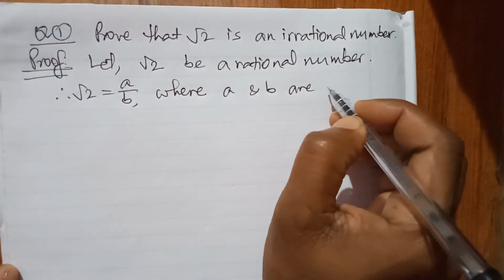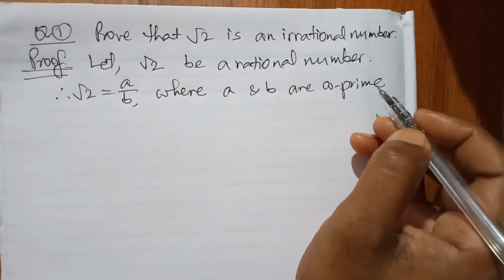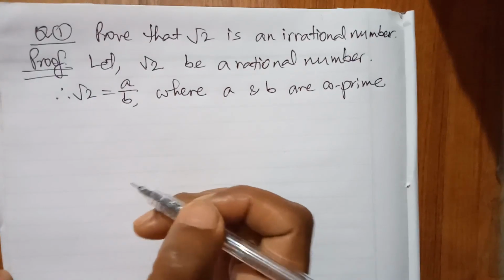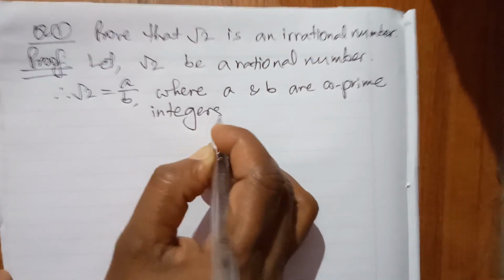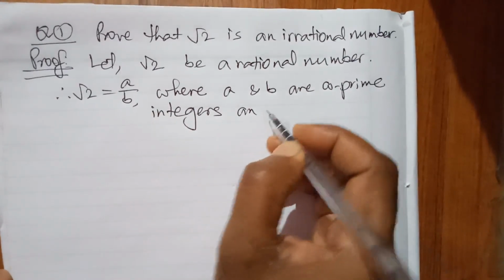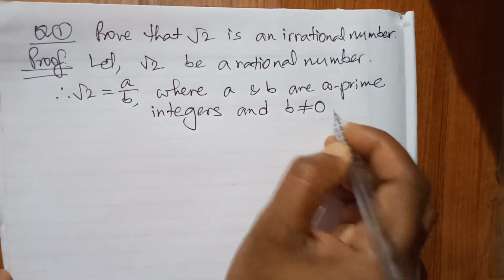So where a and b are co-prime integers and b is not equal to 0.